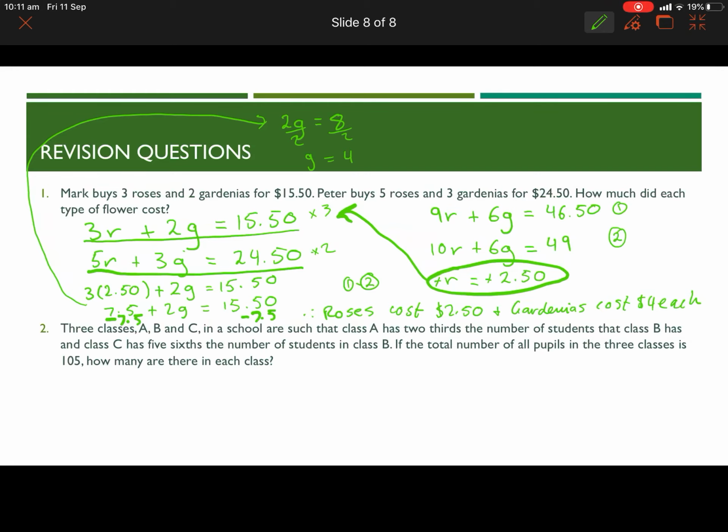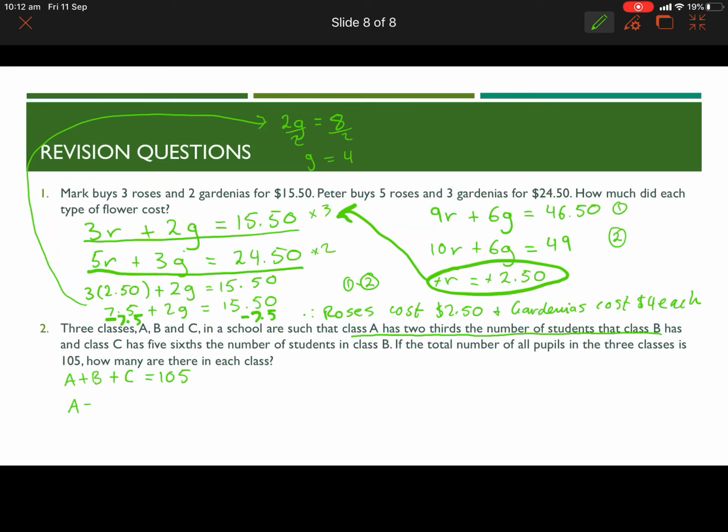So my first thing I see here is that we have 3 classes, A, B, and C, and they all add up to 105. That's what I got from that straight away, because all of that other info was a little bit tricky. Now I'm going to read it a bit slower. So Class A has 2/3 the number of students that Class B has.